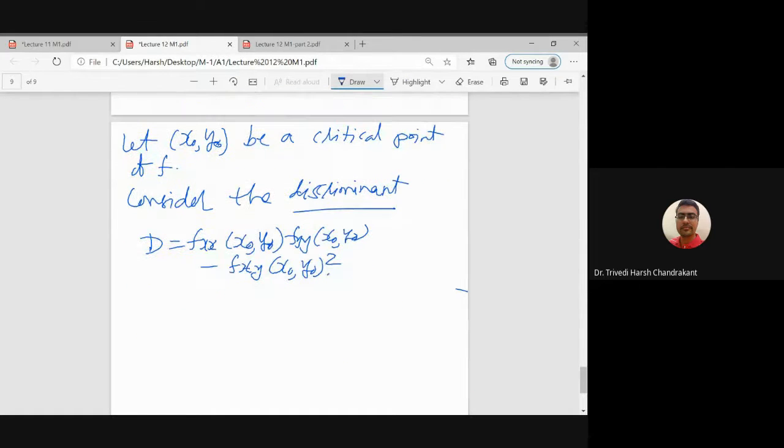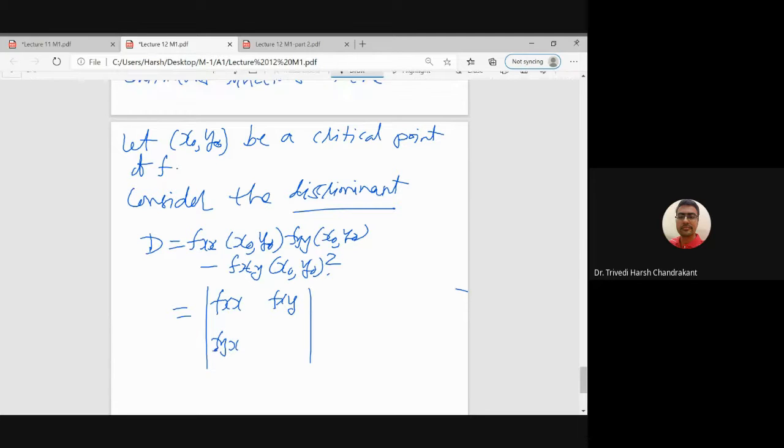Right, so this is essentially the determinant of fxx, fxy, fyx and fyy, and we get fxy squared because these two terms are the same.